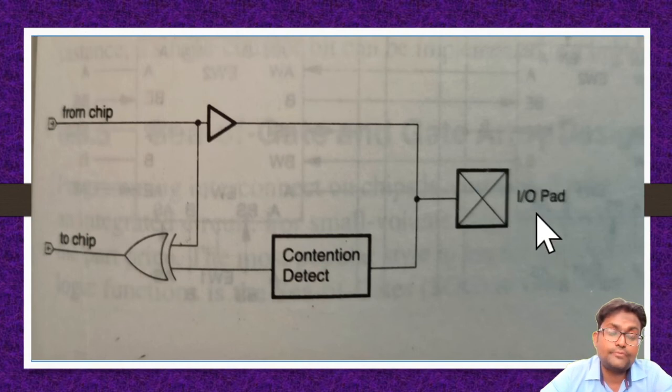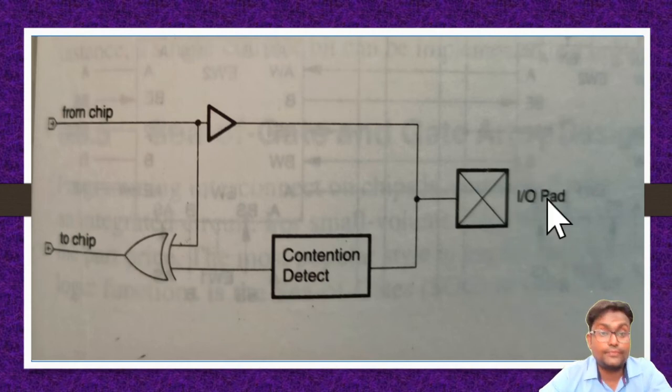That means we can provide input from this side also, and we can take output from this side. At that time, we know here there are two output sides. One is the output of the NOR gate, another one is this input output.